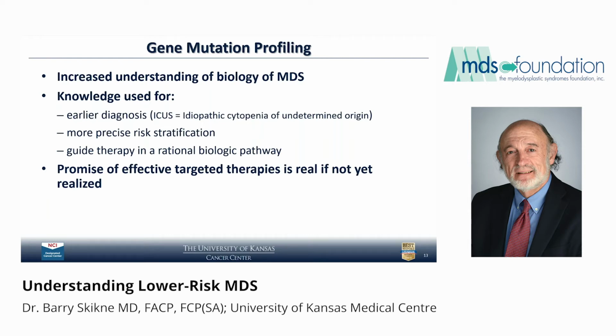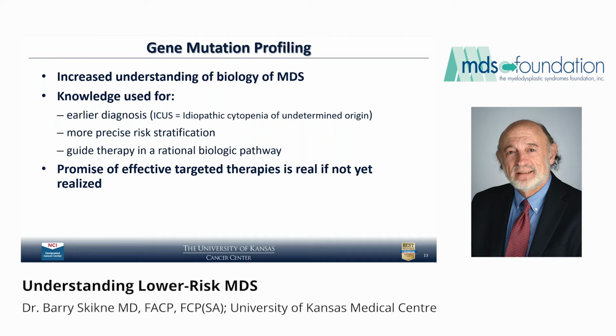But if you do the gene mutations on the bone marrow, you will often find abnormalities or mutations of genes that are causing the cytopenia, but the bone marrow doesn't show the features when the pathologist looks at the cells that allow one to say this is a myelodysplastic syndrome.